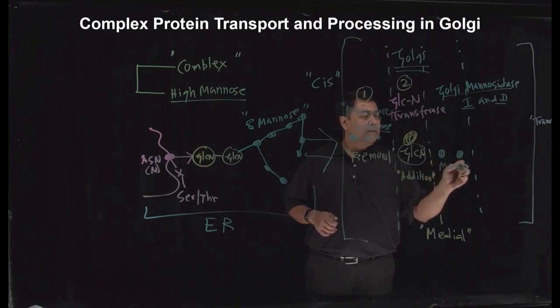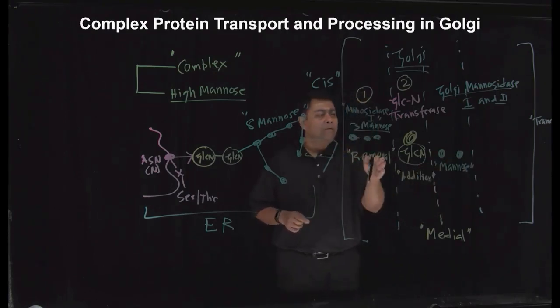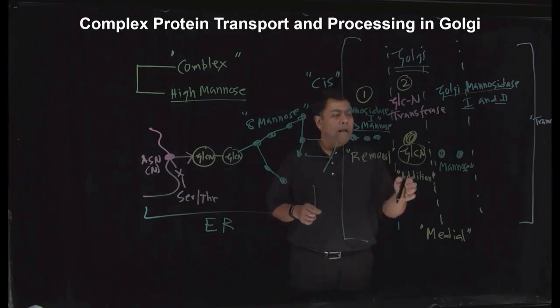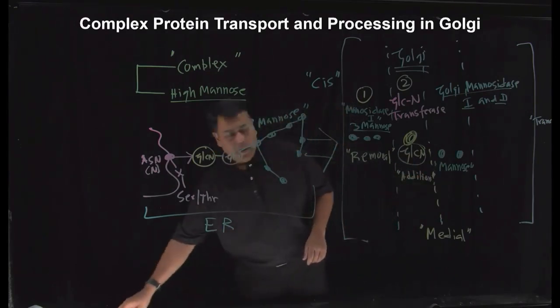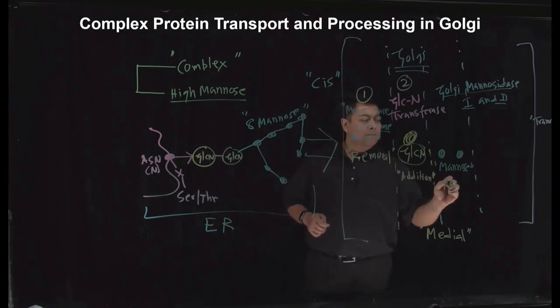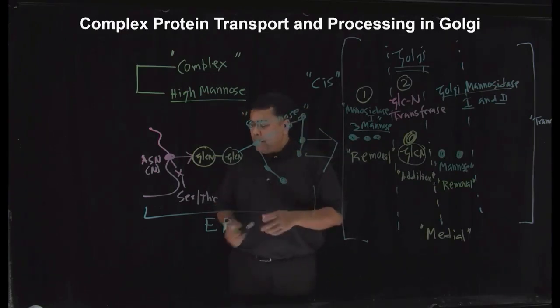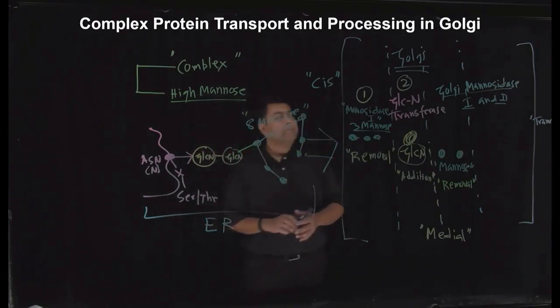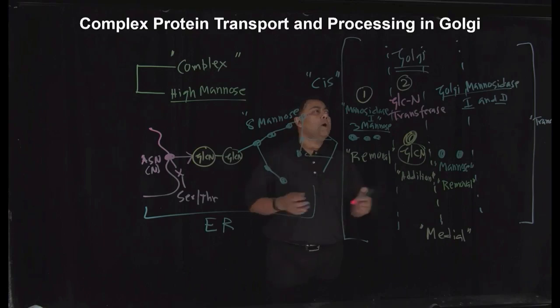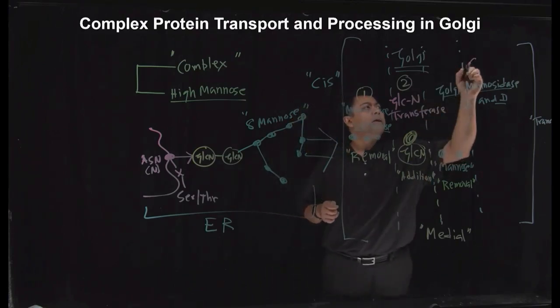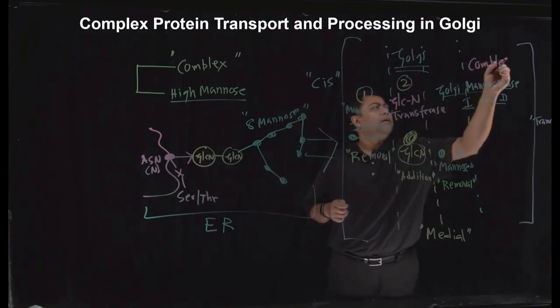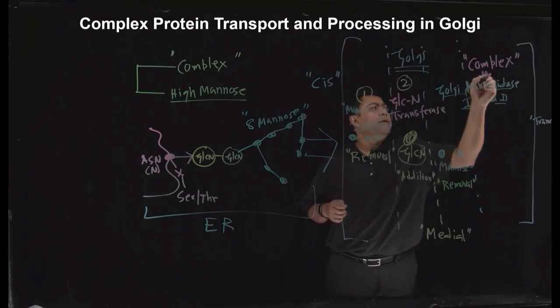So you can see that there are several things: you are removing mannose, then adding an N-acetylglucosamine, and then again removing these mannose. Now the glycosylation pattern of the protein is ready to be added with what we call, and this is very important, the complex moiety.